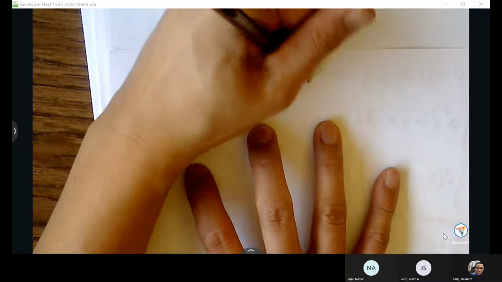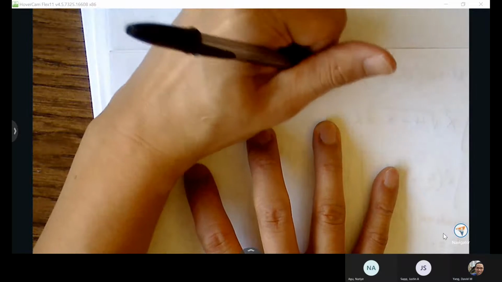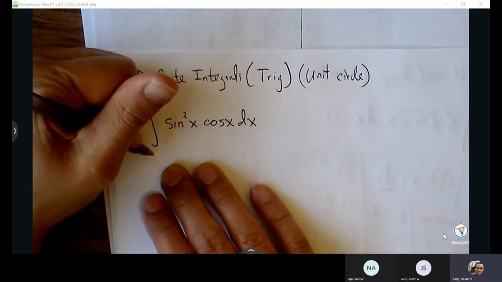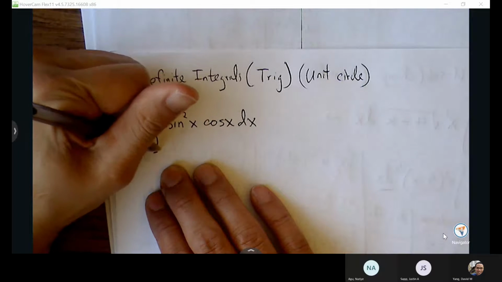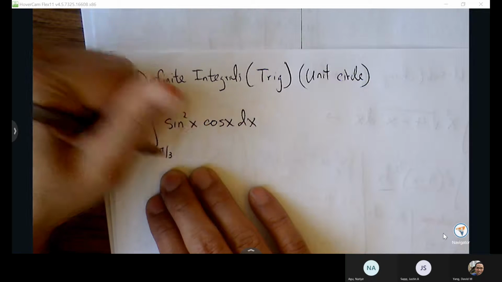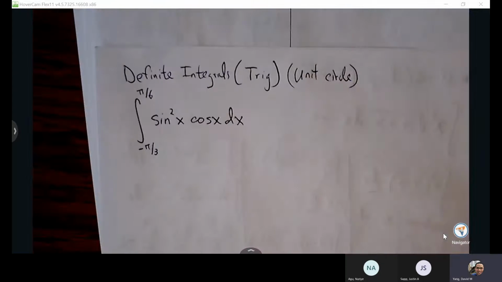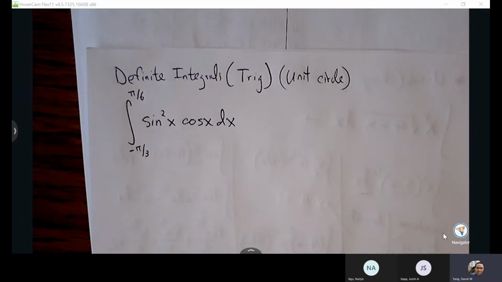Unit circle. Okay, so any idea how we can start?